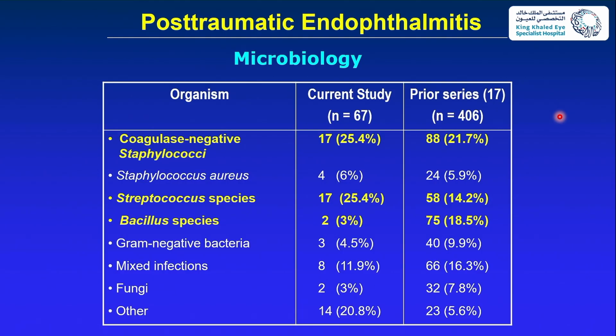And Streptococcus species in post-cataract, 9%. So here we have a more virulent organism. And also we have more mixed infections. I had several patients where the culture grew several organisms. Mixed infection in our study was 12%, previous studies 16%.